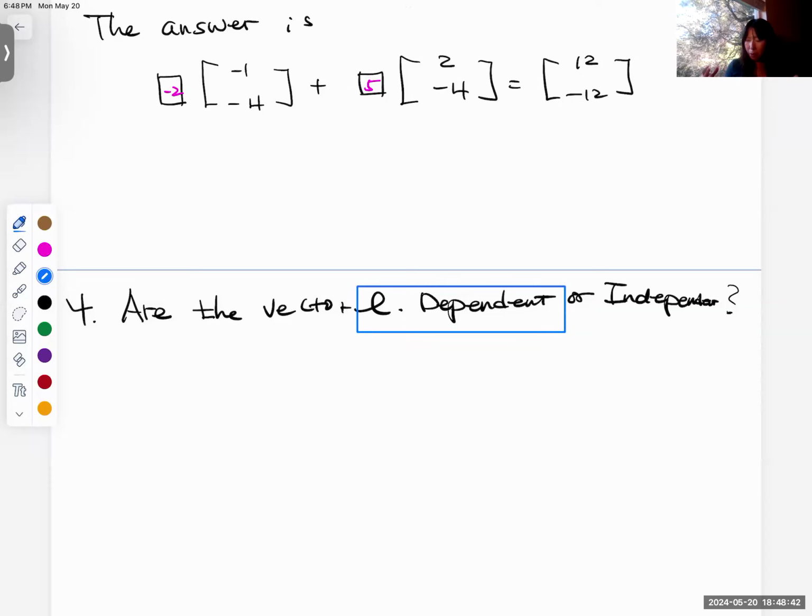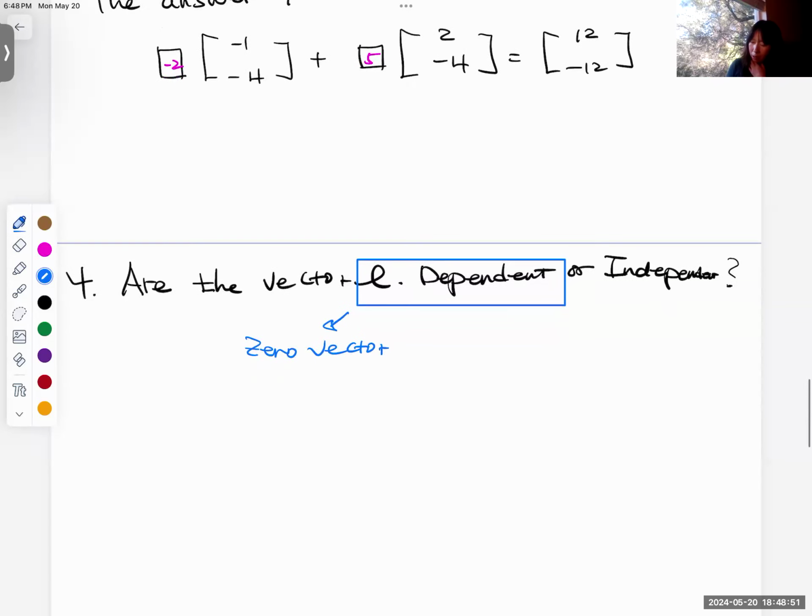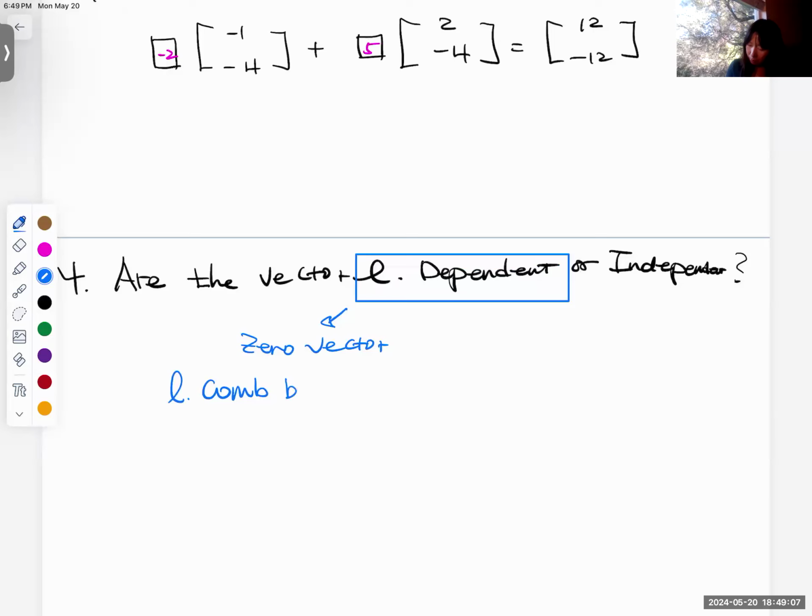The linearly dependent set contains the zero vector. Because this one we can express as a linear combination, but then not all coefficients c sub i are zeros, right?